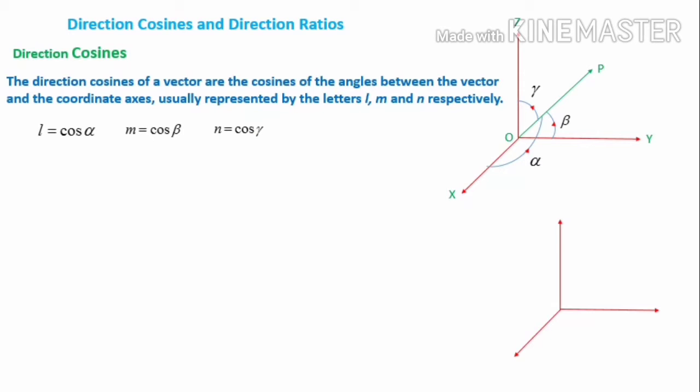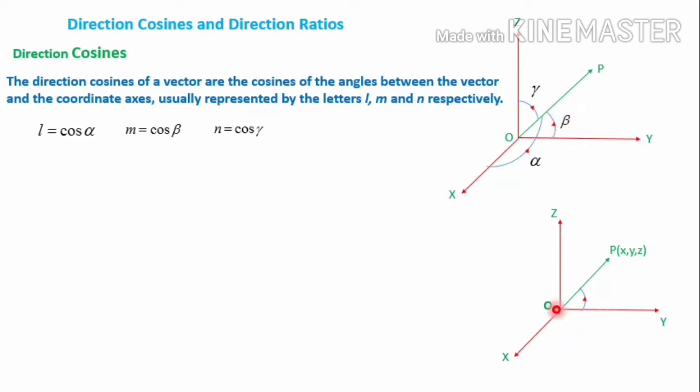Suppose the angles are not given to you, then how will we be able to calculate the direction cosines? So let's calculate that. Here the coordinate axes are drawn and the point of intersection marked. Then a point P(x, y, z) and its position vector OP are drawn. I am taking the beta portion because it is easy to explain.